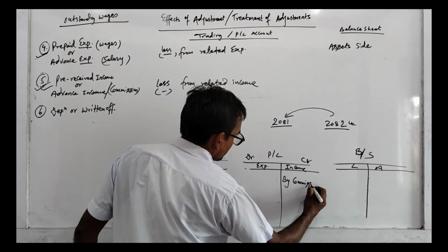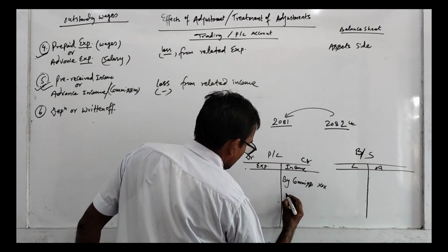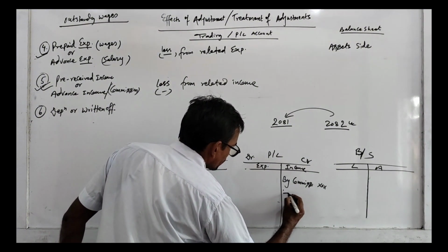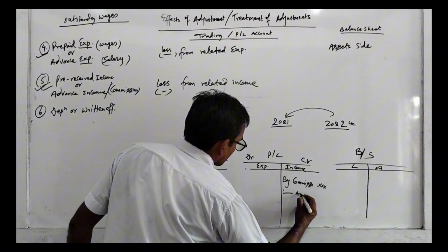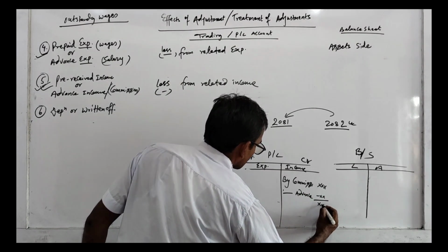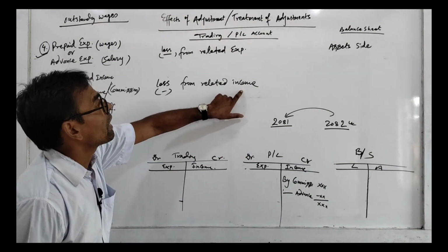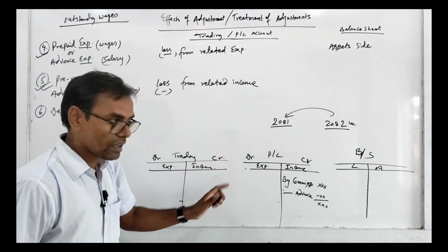It is from trial balance. And now from adjustment you have to less advance commission. So I have written here less from related income and from trading and PL account.